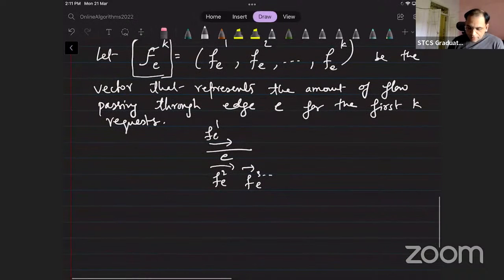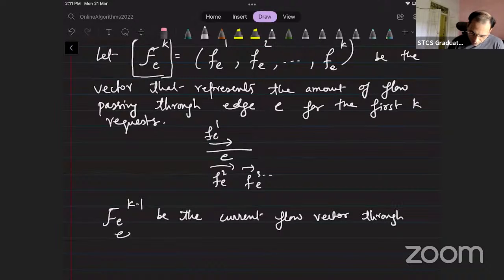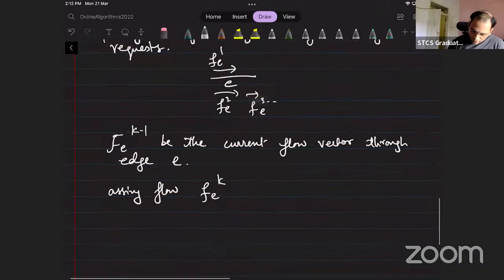Now using this, we will define the cost of assigning an additional flow given what you've done in the past. So let script F_e^{k-1} be the current flow vector through edge e. Now assigning an amount of flow f_e^k, how much cost do we have to incur? That's how we define the cost.